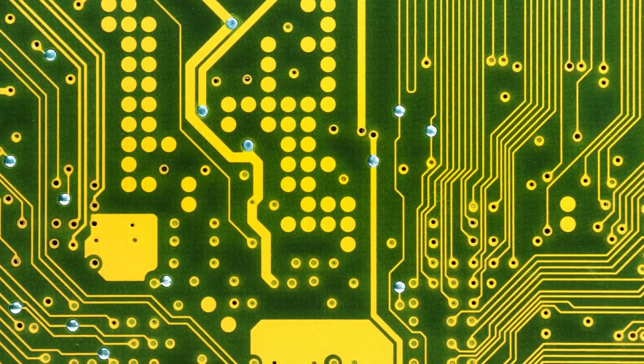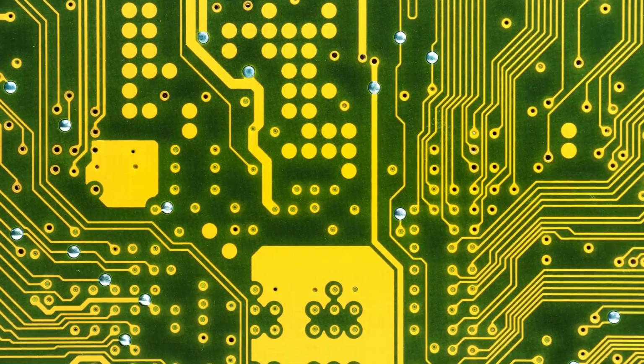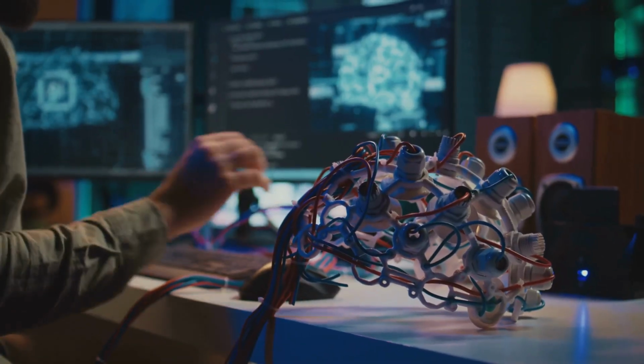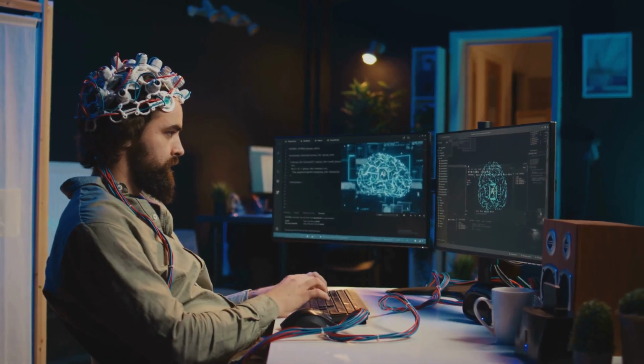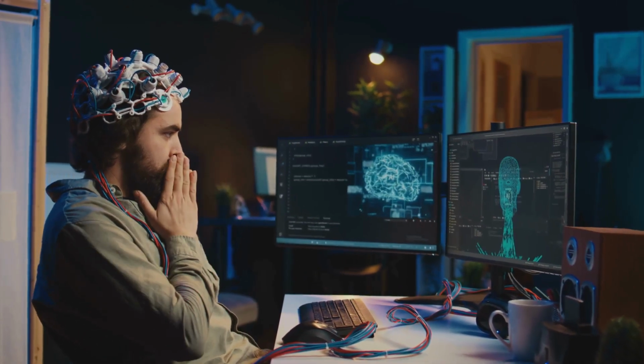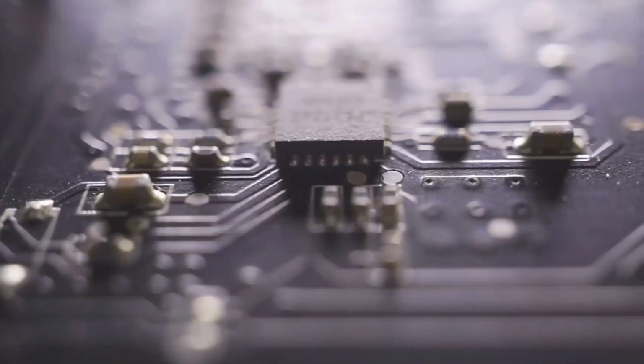Neural signal amplifiers enhance the weak electrical signals from the brain, making them more detectable and interpretable. This is essential for accurately capturing the nuances of neural activity. Amplified signals are fed into processing units for further analysis, enabling the translation of brain waves into control commands.